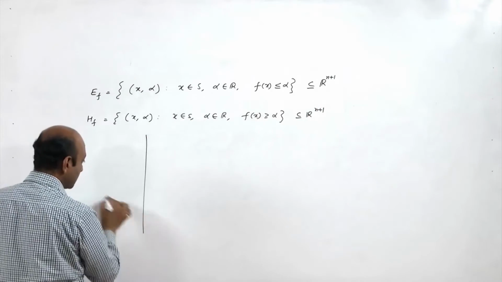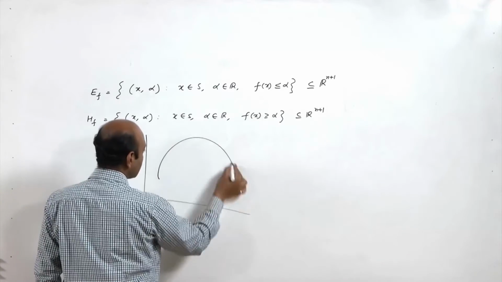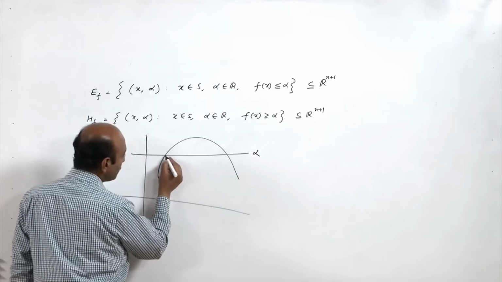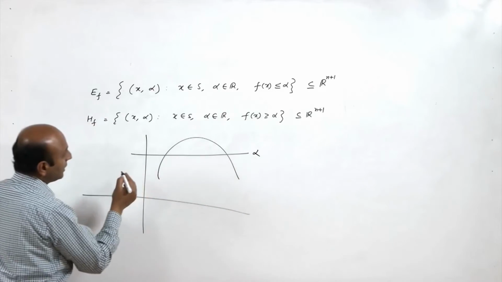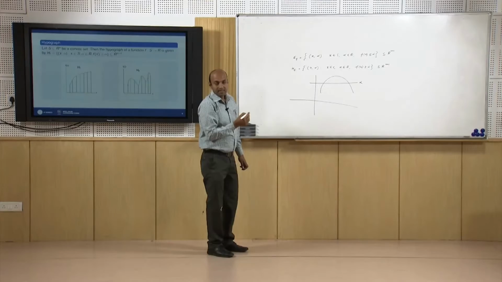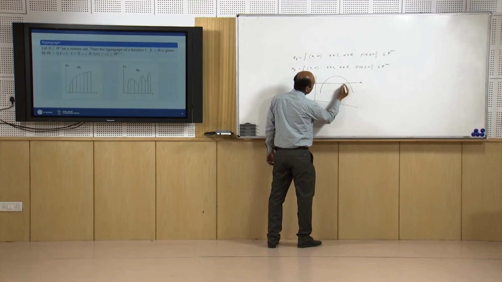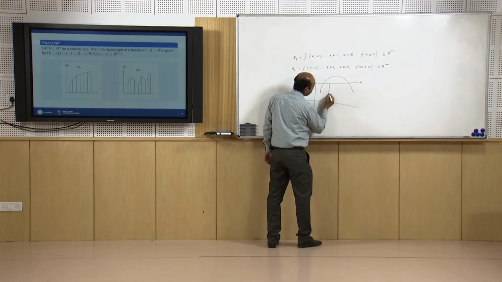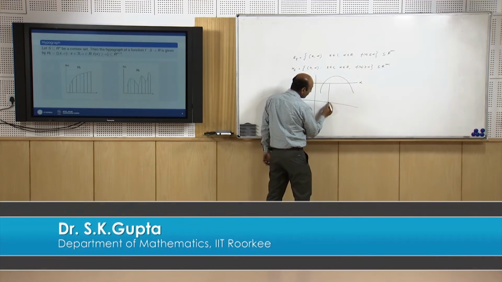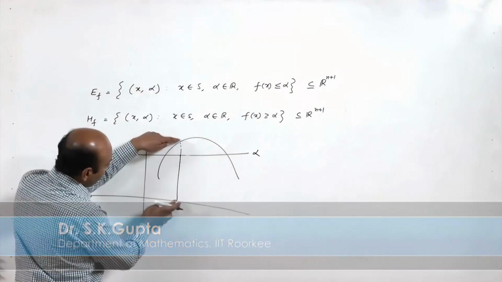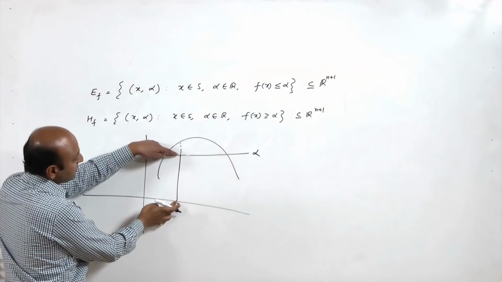You can easily see, suppose you have a curve like this. You take alpha here and all those (x, alpha) such that f(x) is greater than or equal to alpha. If you take a point here, for this x, f(x) will be from here to here, and alpha is from here to here.